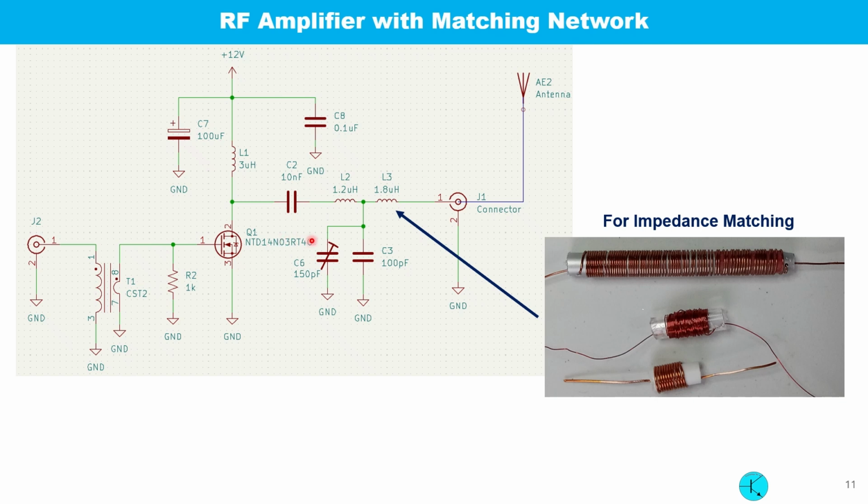For matching, I use 2 coils, L2 and L3, and 2 capacitors, C6 and C3, and C6 is adjustable. Using various coils for L3, I used 3 different types of coils, and by adjusting the capacitor C6, it is possible to match the impedance to some extent.